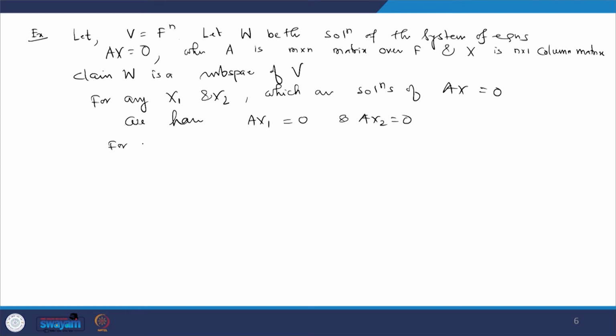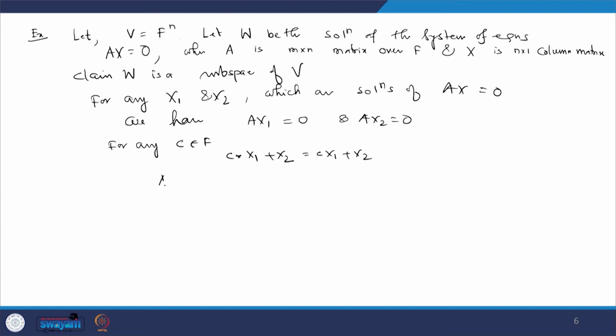For any c belonging to F, we have c x1 plus x2. I have told you I will not use the star, I will simply write c x1 plus x2. My claim is that this is also a solution of the system Ax equal to 0.